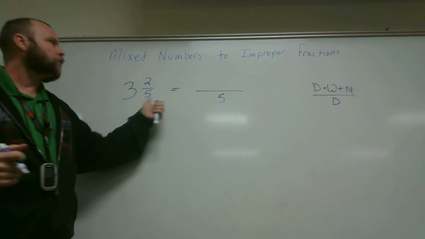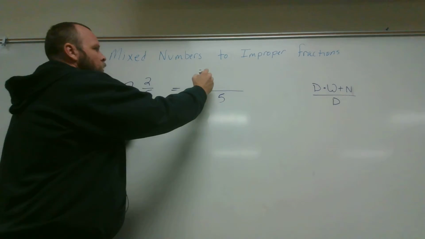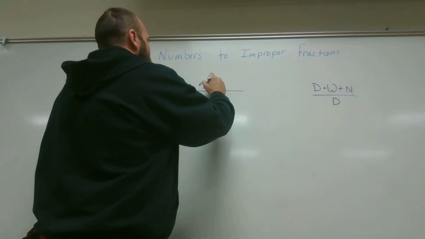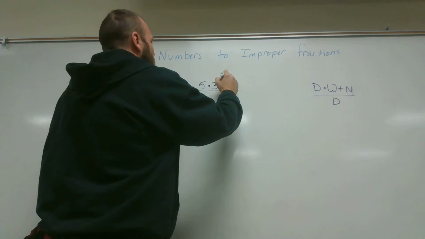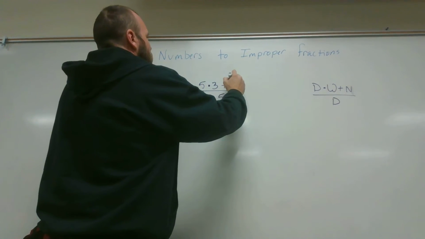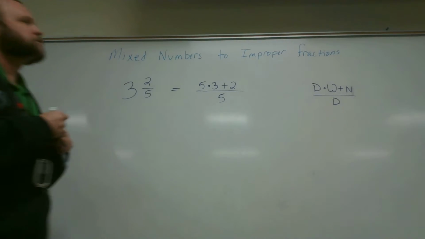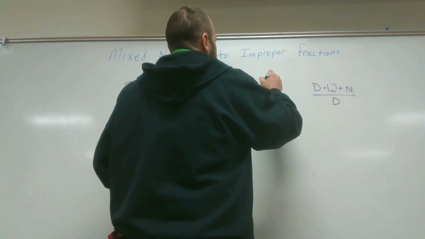Our numerator is made up of our denominator, which is 5, times our whole number, which is 3, plus our numerator, which is 2. And then if you solve that, 5 times 3 is 15, plus 2 is 17, and so you get 17/5.